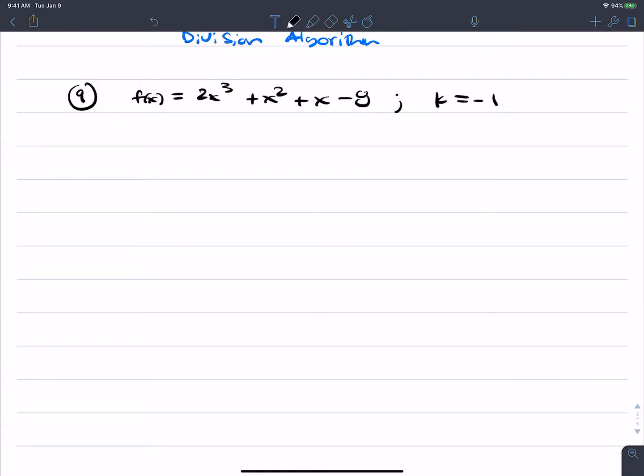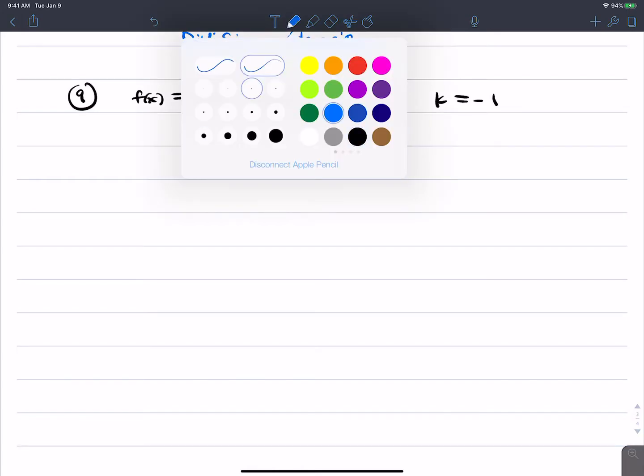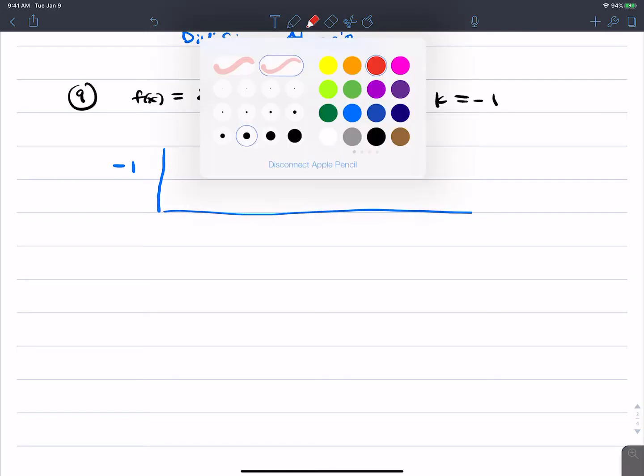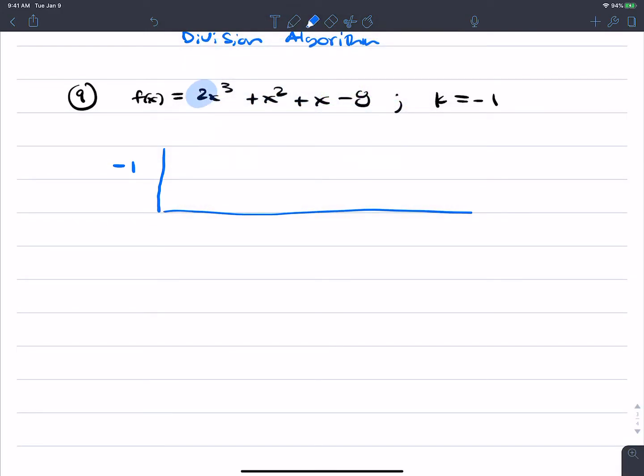So by synthetic division, we got negative 1 here. 2, we're missing a term. 1, missing a term. 1, negative 8. So you have 2, 1, 1, negative 8.